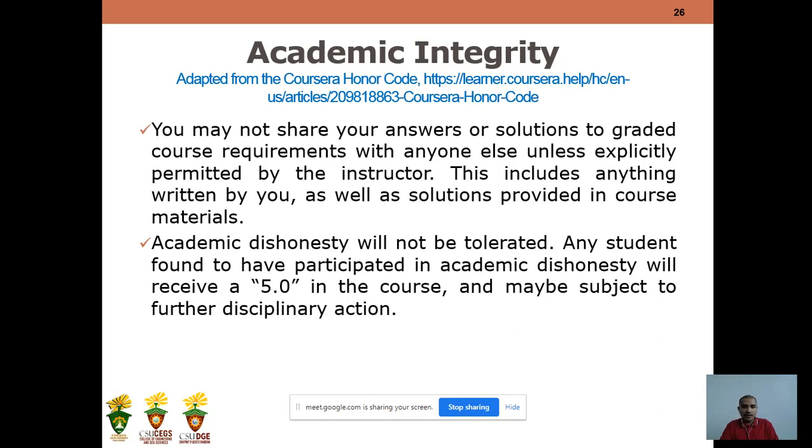For example, his classmate takes the quiz for him. That's an academic dishonesty. Of course, that is not tolerated. If you are caught doing that, you will automatically receive a grade of 5, even if you are already in the midterm or finals. If you disobey these provisions, your grade is 5. So that's an academic dishonesty.